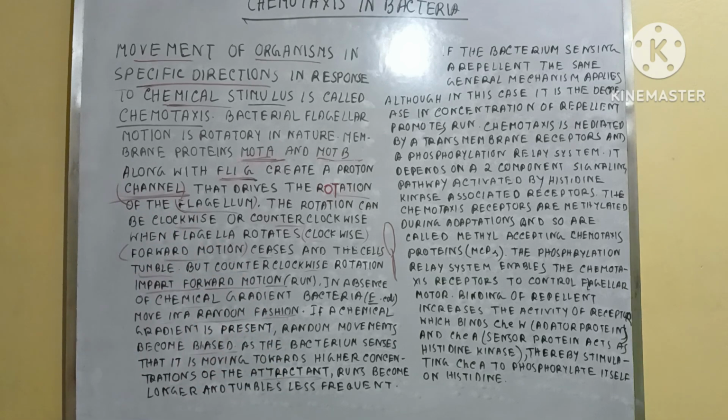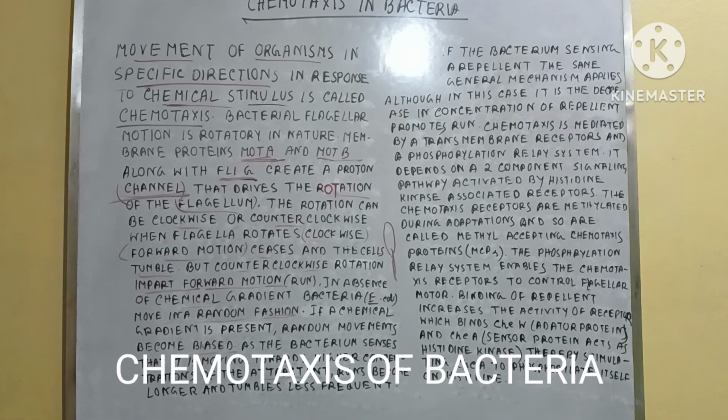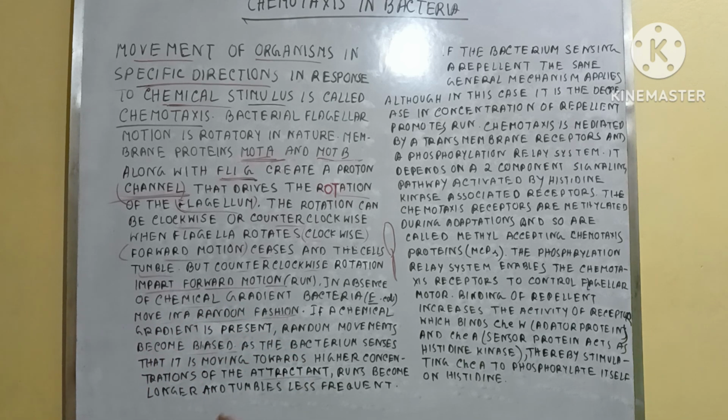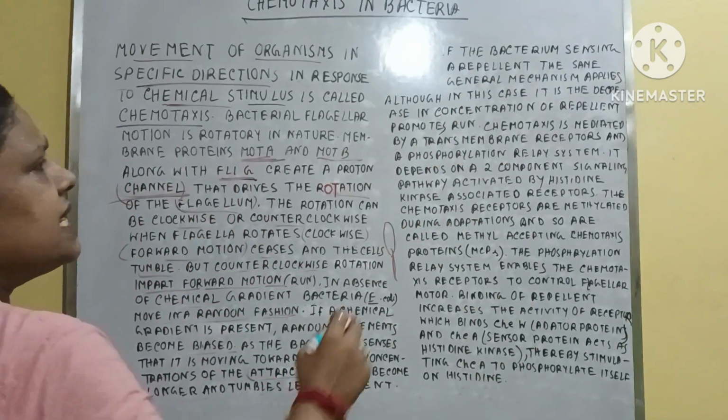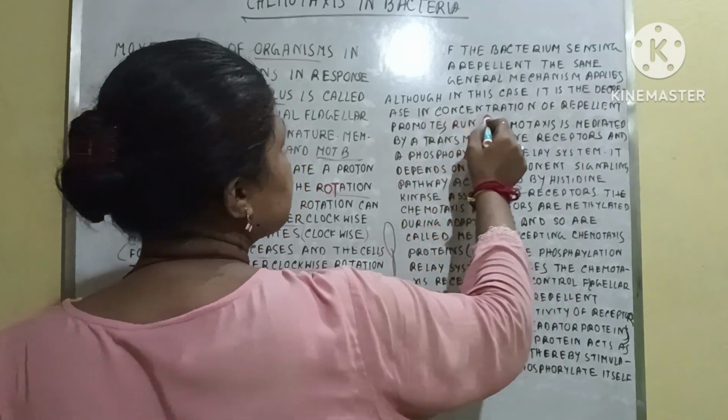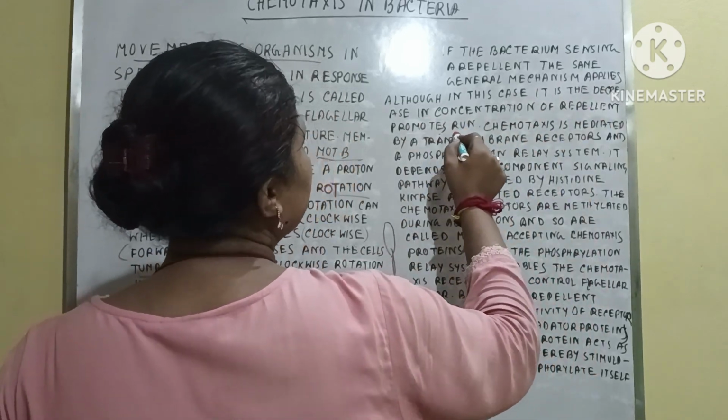So as the bacterium senses that it is moving towards higher concentrations of the attractant, here two words are very important. One is the attractant and another is the repellent. If the bacteria senses the presence of attractant, the runs become longer. Clear? But when they sense the presence of repellent, the same general mechanism applies, but a decrease in concentration of repellent promotes run.